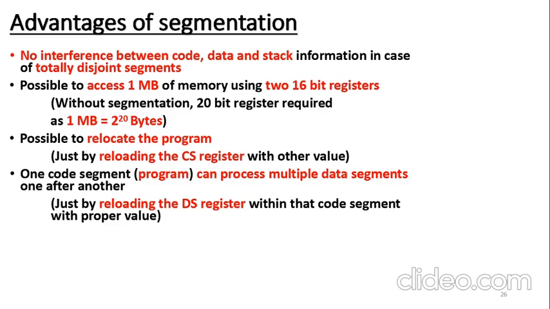If DS register is equal to 1000, program will be manipulating the data segment which begins at 10,000 hexadecimal. If the DS register is changed to 2000, then my program will be manipulating the data segment from 20,000 hexadecimal onwards. If the DS register is changed to say 7000 hexadecimal, subsequently my program will manipulate another data segment starting from 70,000 hexadecimal onwards. That is what is stated here.